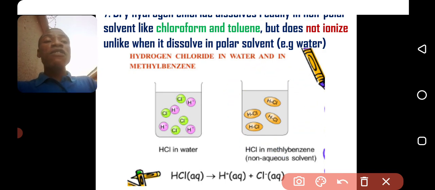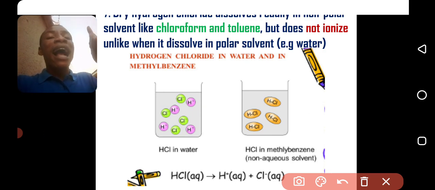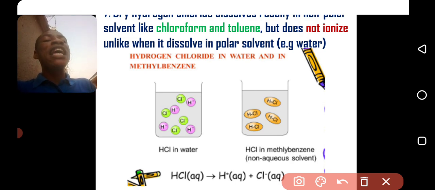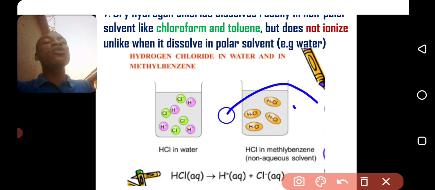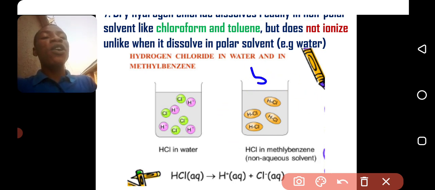So it dissolves in it but does not ionize. If you put litmus paper inside a solution of hydrogen chloride gas in benzene, it will not change color because the hydrogen chloride gas does not ionize into H plus. It remains here as HCl. So there's no acid inside this solution of benzene because benzene is non-polar.